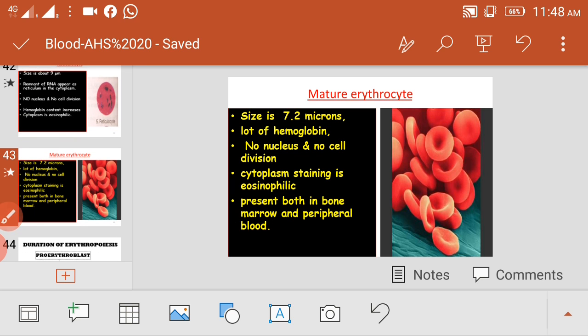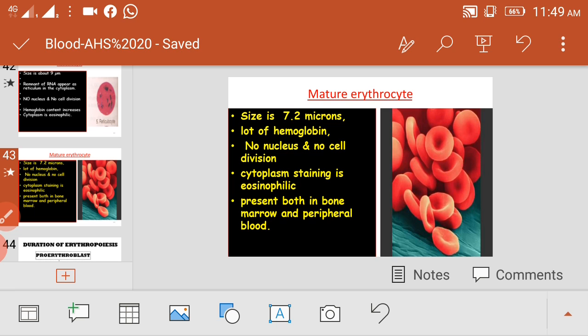Next, the last one is the mature erythrocyte. After the reticulocyte, the cell size becomes 7.2 micron. There is a lot of hemoglobin, no nucleus, no cell division. Cytoplasm staining is eosinophilic. It is present both in bone marrow and peripheral blood.